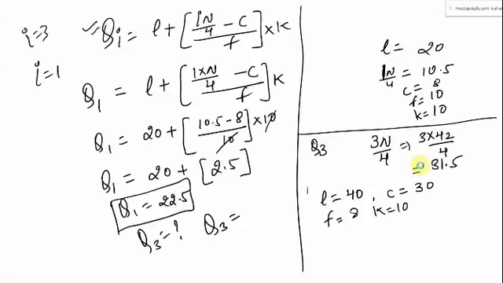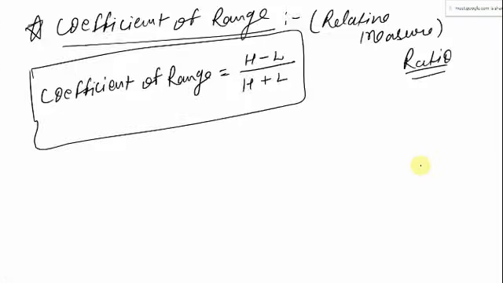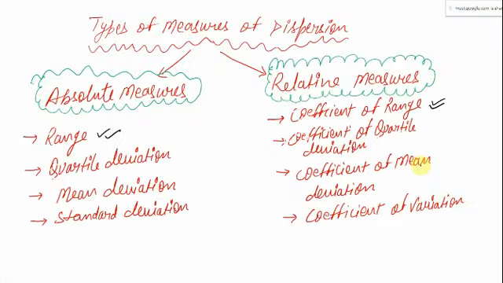Okay, so I am taking you back to that classification chart. Today we have done range, coefficient of range, and quartile deviation along with coefficient of quartile deviation. Among all these, the most important ones are these two. The most frequently used measure of dispersion is standard deviation.